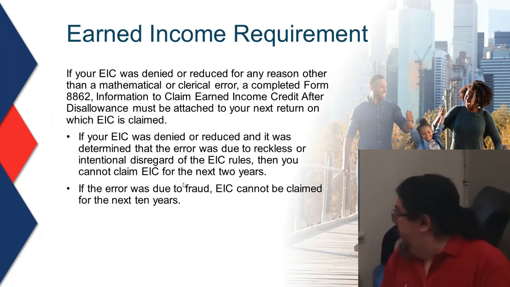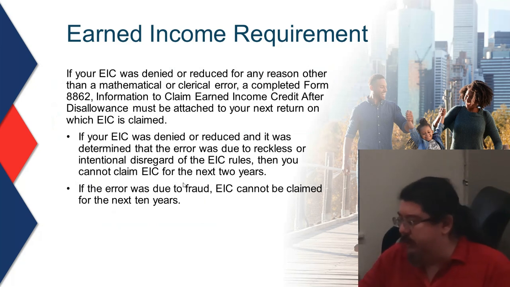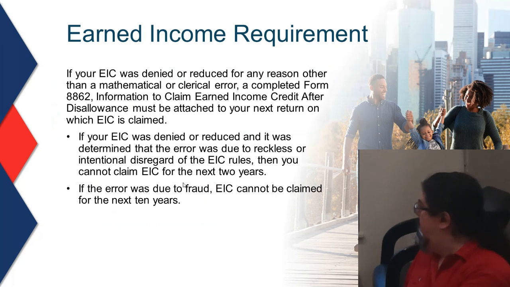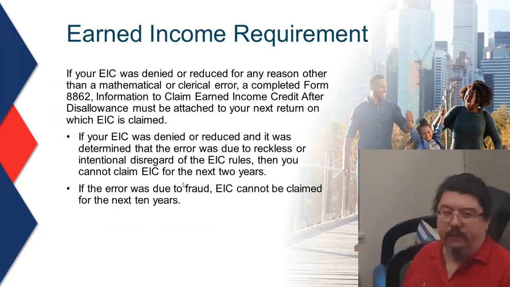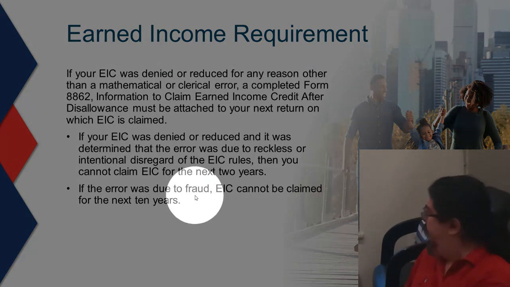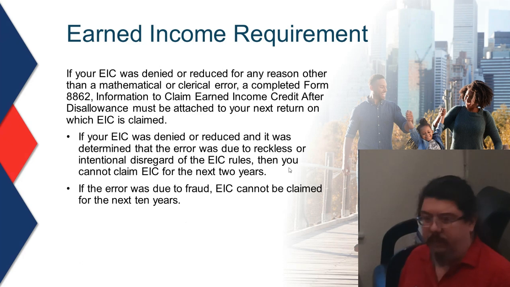And if the incorrect claim of earned income credit was due to actual fraud, you can be barred up to 10 years from claiming the earned income credit. Fraud is pretty rare because in order for that to count, it has to be proven beyond a reasonable doubt. This reckless or intentional disregard does not have to be proven beyond a reasonable doubt. They just have to think it's more likely than not.